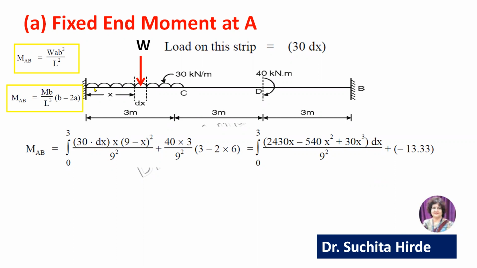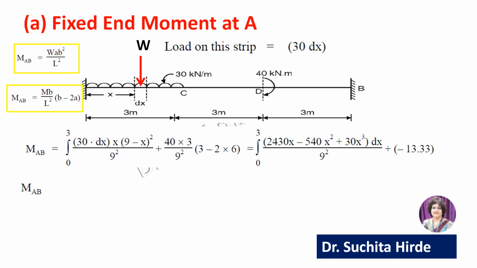This UDL we have to integrate from 0 to 3. If this partial UDL is not at the end but somewhere in between along the length, for example suppose it is from 2 meter onwards, then instead of 0 you have to write 2. If you solve this integration, you can use your calculator for calculating it.